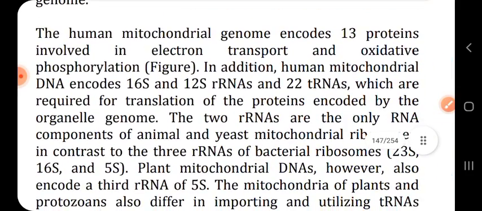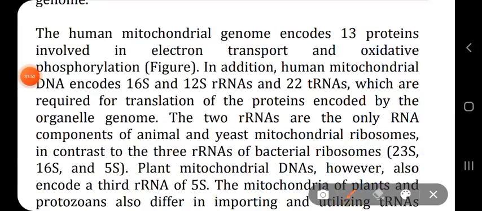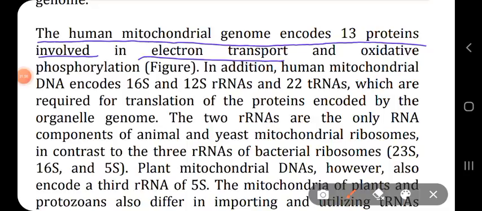Now let us see the human mitochondrial genome. The human mitochondrial genome encodes 13 proteins which are involved in the electron transport chain and in oxidative phosphorylation.